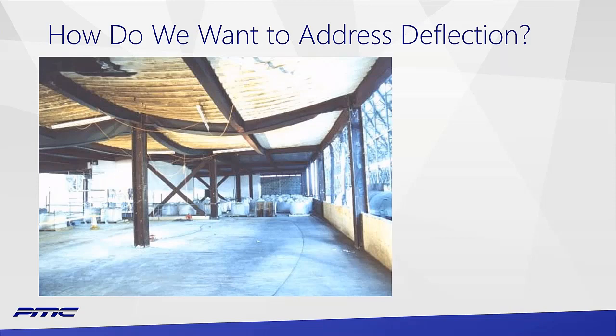So you have to deal with this kind of reality that before, we all sort of pretended didn't exist. This applies to any kind of steel structure. We will see the deflection in those steel beams. How do you want to reconcile that? There's no right answer to this. It really depends on the needs of your project and what your outputs need to be.